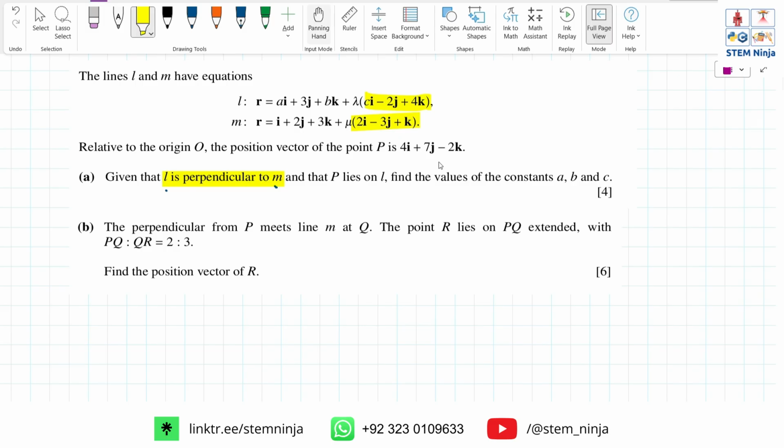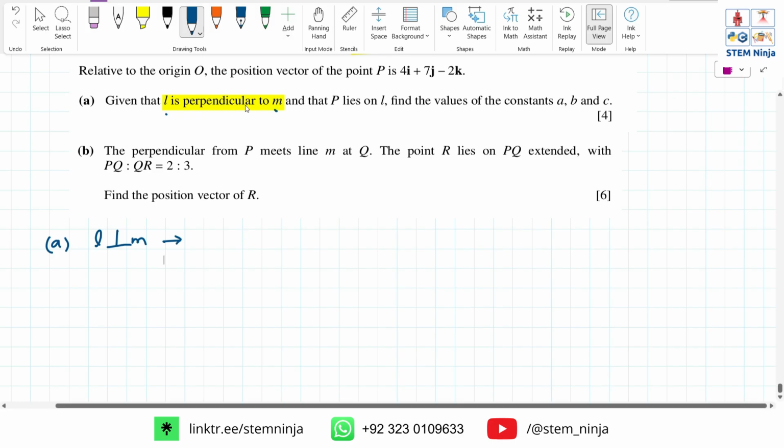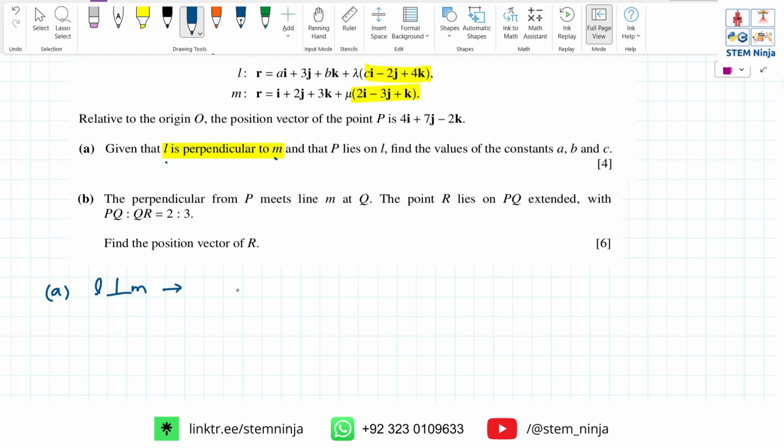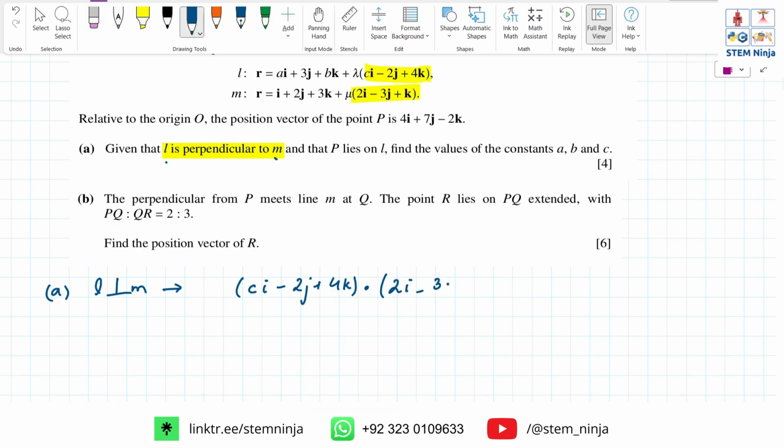So first off, we need to apply L perpendicular to M. That means the scalar product of ci minus 2j plus 4k dot 2i minus 3j plus k equals 0.